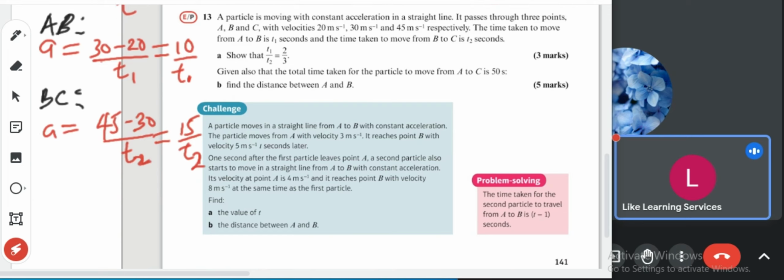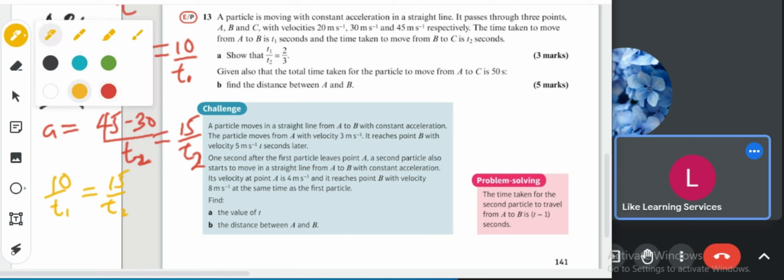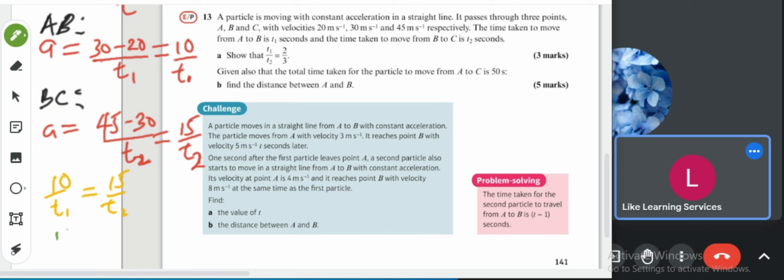So you just simplify, making T1 over T2 the subject. First of all, you have 15 T1 is equal to 10 T2.